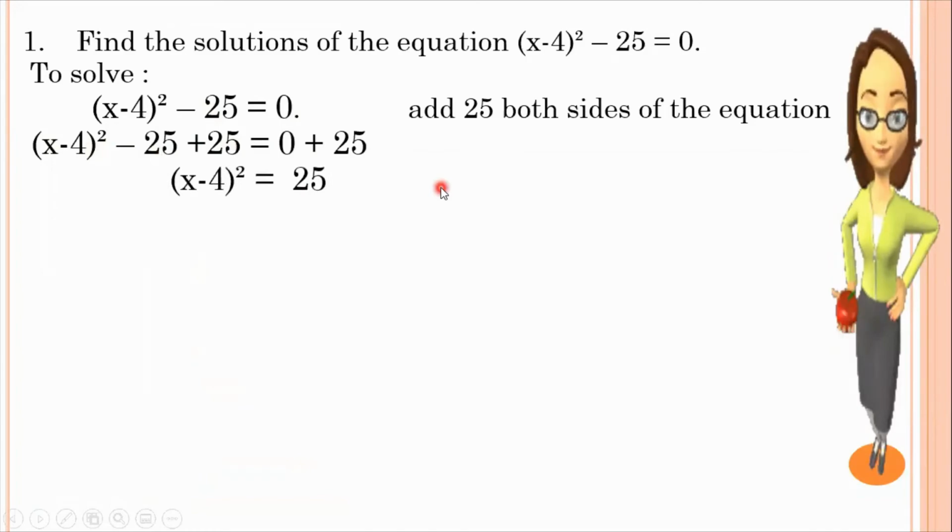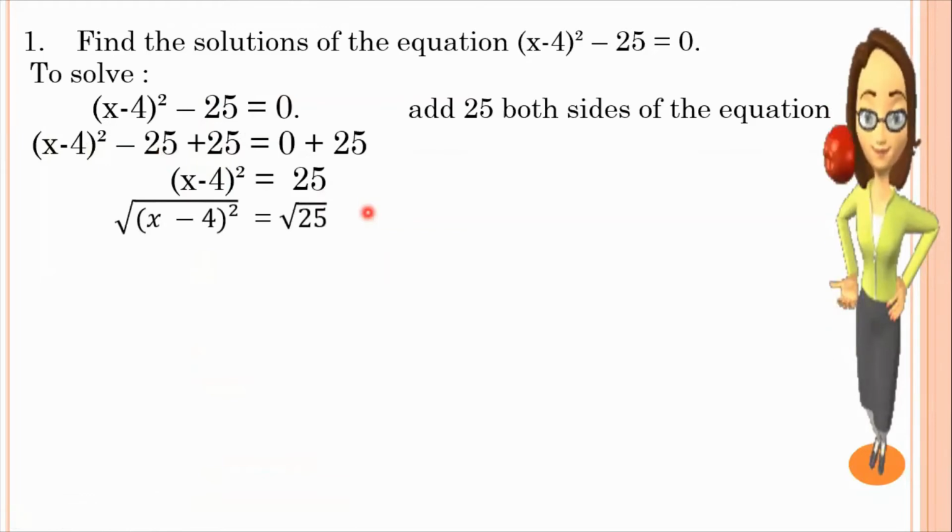So it becomes, so cancel negative 25 and positive 25. So it becomes (x minus 4) quantity squared is equal to 25. And using extracting square roots, we write the radical sign on both sides.